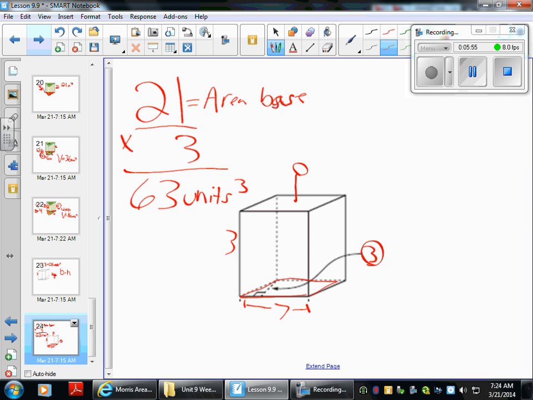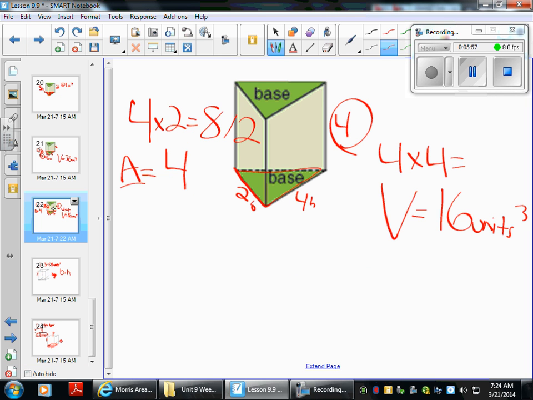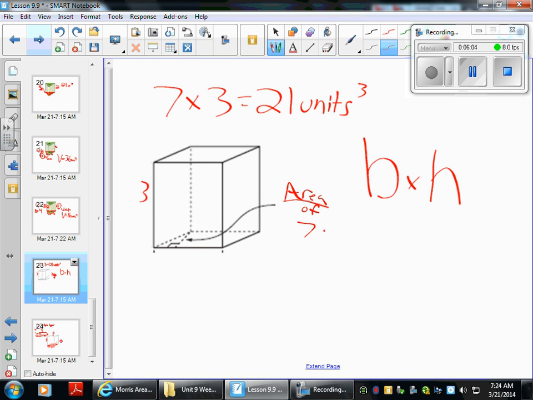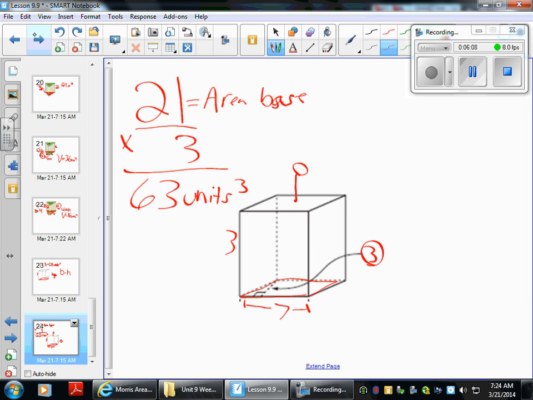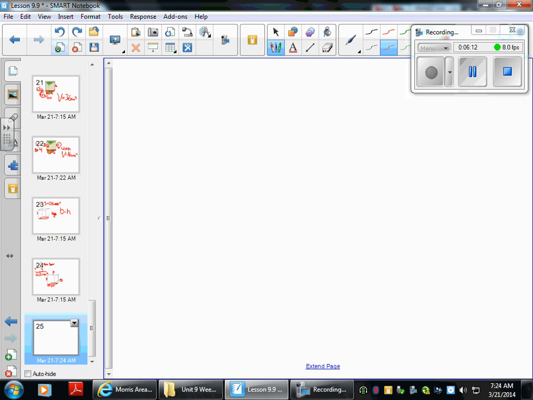Now, if you go back to this one, we had to divide by 2 because it had a triangle base. This one has a square base. No need to divide. So the difference is, go to this rule, triangular prisms.